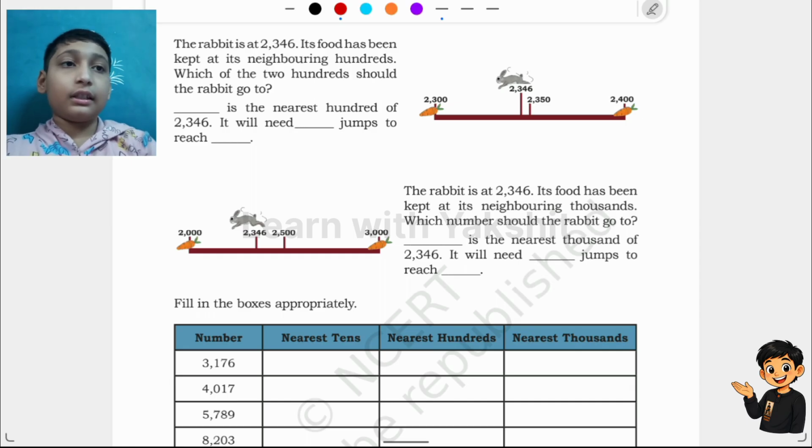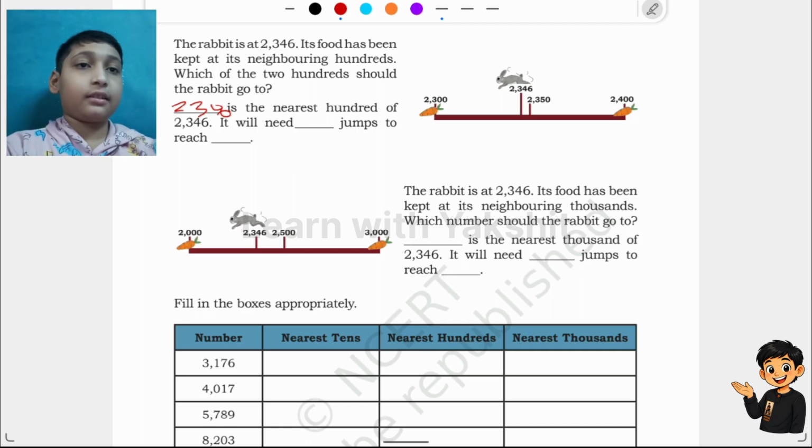Now we can see that it is going to 2300. It will need dash jumps. So how much is it? We cut what is ahead of the hundredth place, like on the left of the hundredth place and the hundredth place itself.